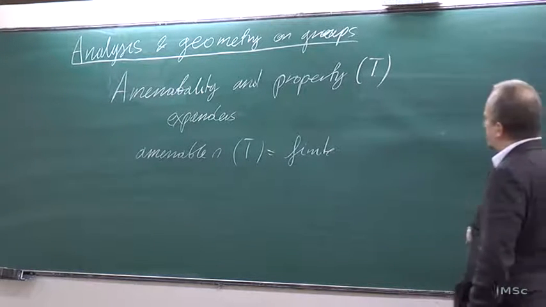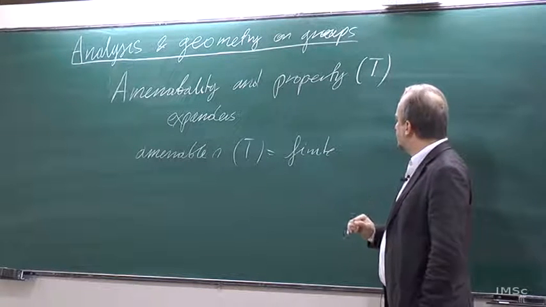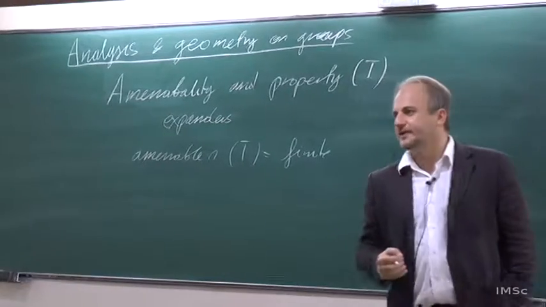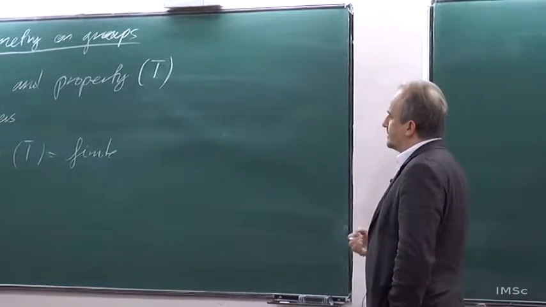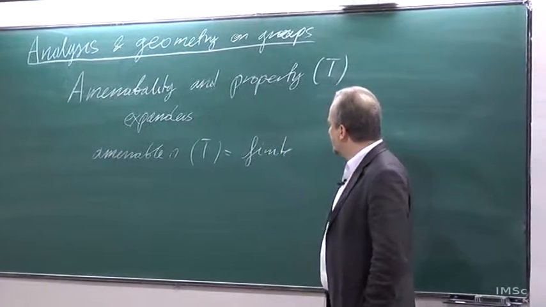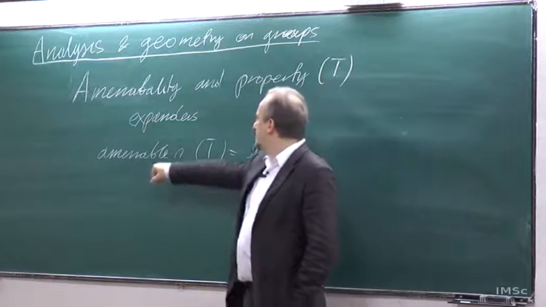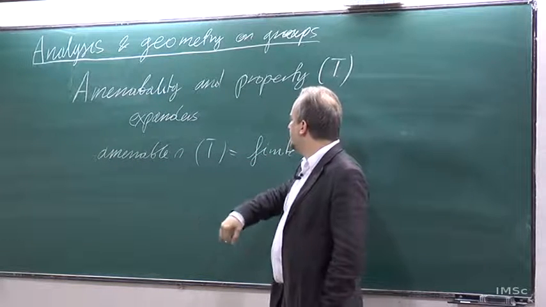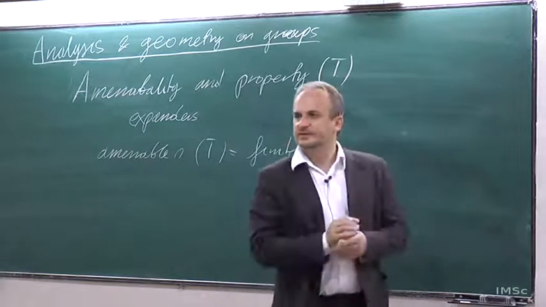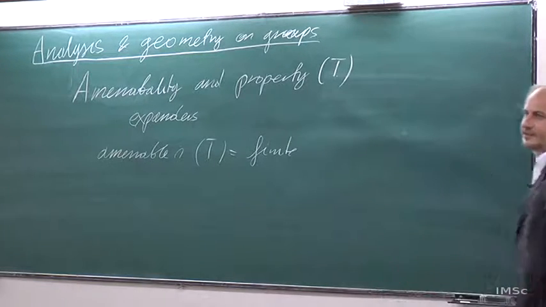Which says, for instance, that non-trivial quotients of a group like SL3Z are necessarily finite. And it's amazing that in order to prove that some groups are finite, he really used these two properties, which are interesting only for infinite groups, amenability and property T. By showing that these groups have these properties which are completely opposite in the world of infinite groups, he proved in this way that they are finite.